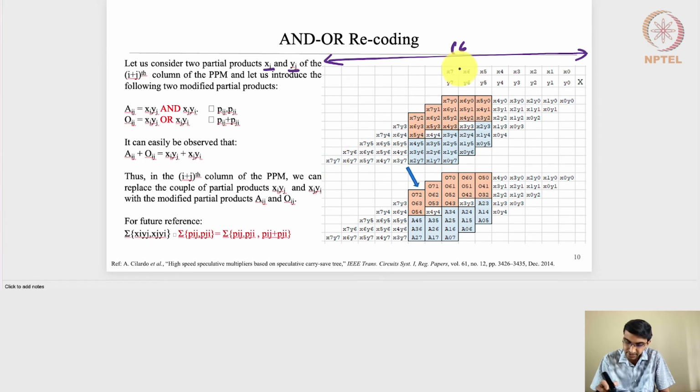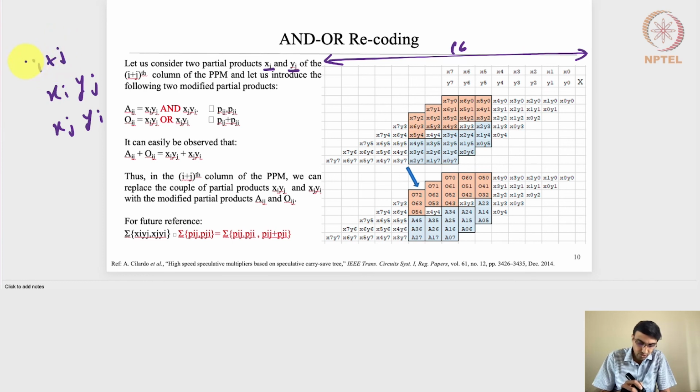If I consider the I plus jth column to be somewhere around this, it will represent xi dot yj, and it will also represent xj and yi, the dot product of the partial products of xi, yj, and it will also represent xj, yi, if I consider the I plus jth column in the partial product.